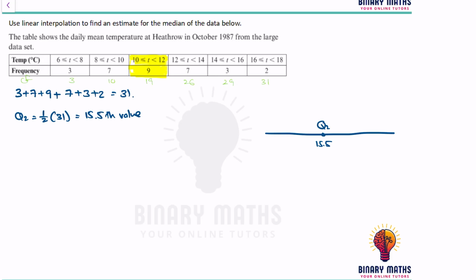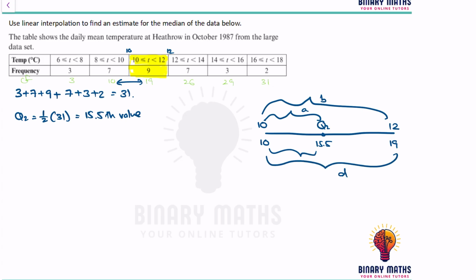The lower bound of this class interval is 10, the upper bound is 12. So between 10 and 12, and the cumulative frequency goes from 10 to 19. Because of proportionality, A over B must be equal to C over D.